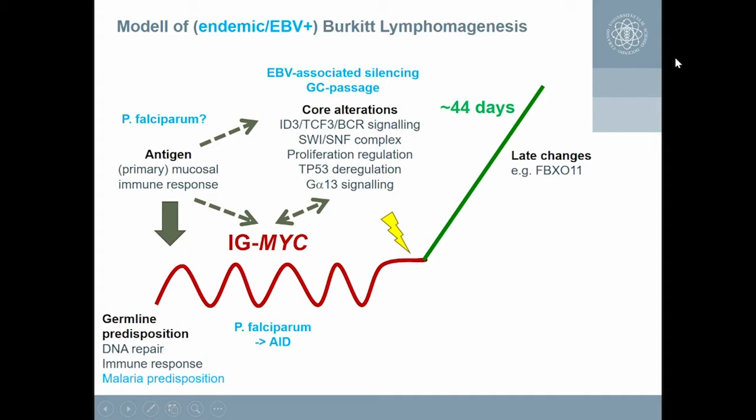In cases of EBV positive Burkitt lymphomas, part of these genetic and external factors can be driven by EBV or by malaria. Malaria is associated with predisposition. We know that Plasmodium is driving AID and gives rise to the translocation, but we also know that EBV can change gene expression.